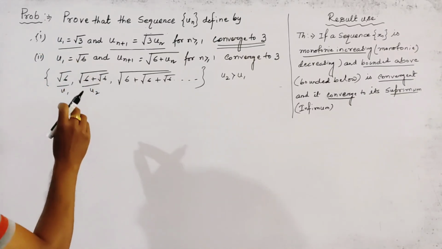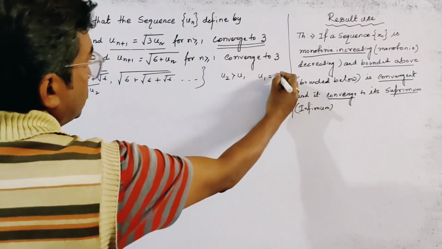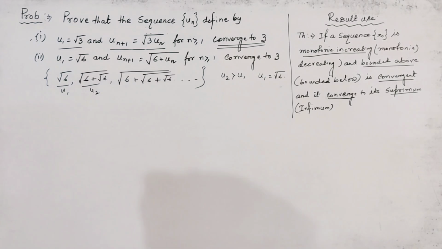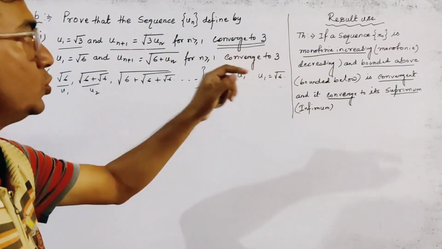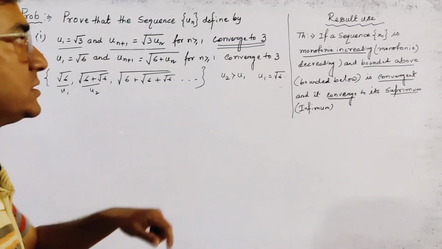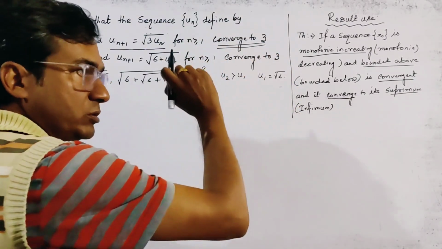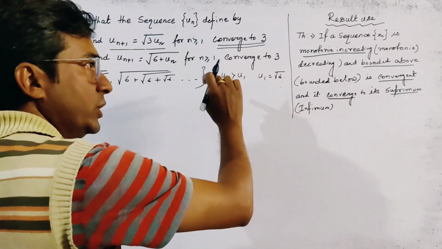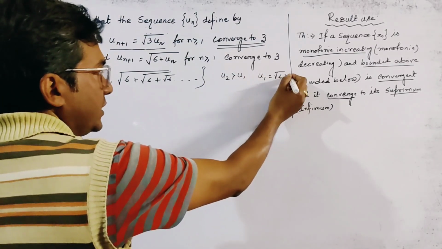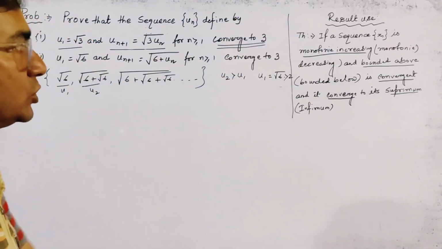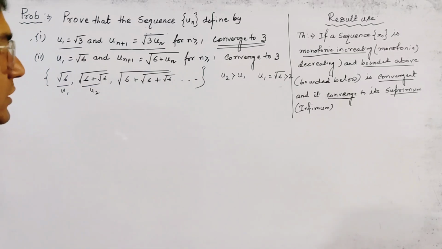Also u1 is root 6. If we take root 4, then this is 2, and here it is root 6, so we can write this is greater than 2. This result may be used in further calculation.